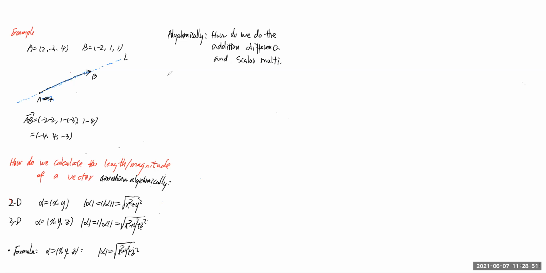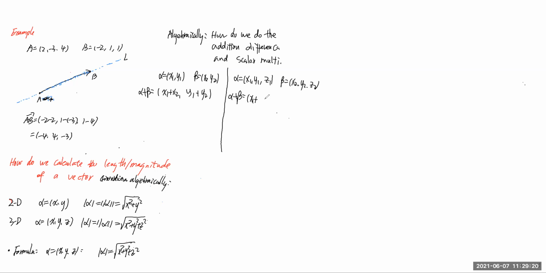So in 2 dimensions, alpha is (x1, y1), beta is (x2, y2), right? In 3 dimensions, alpha is (x1, y1, z1), beta is (x2, y2, z2). So alpha plus beta, you just add the components correspondingly: (x1 plus x2, y1 plus y2, z1 plus z2).